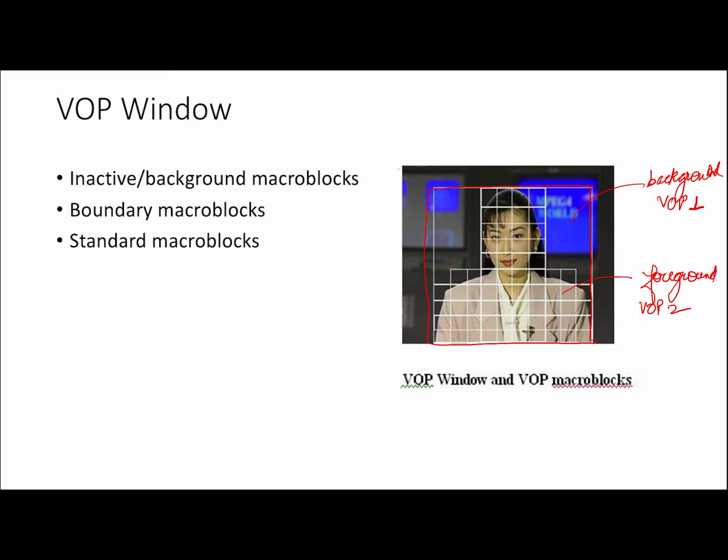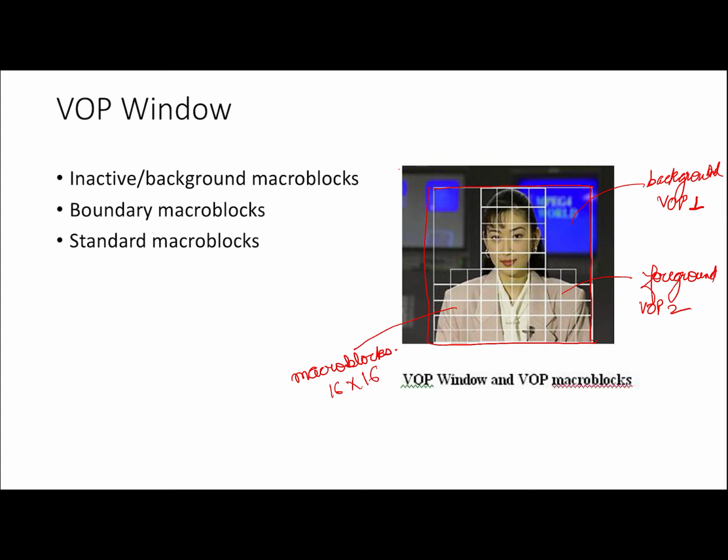So for the foreground we have defined a rectangular box, and this rectangular box is divided into macro blocks. And macro blocks are by default 16 cross 16 pixels in size in case of luminance images, and 8 by 8 in chrominance images.